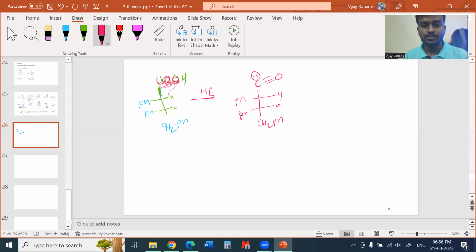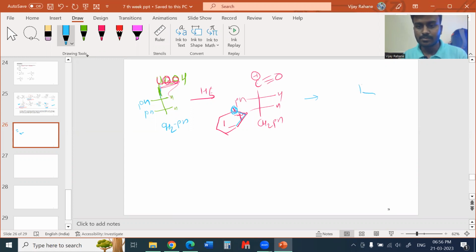Because if you see 1, 2, 3, 4, and the alpha of this Ph will attack here, right? So if you expand this phenyl ring, it attacks through the ortho carbon of this phenyl ring. So the ring formed will be 5-membered.